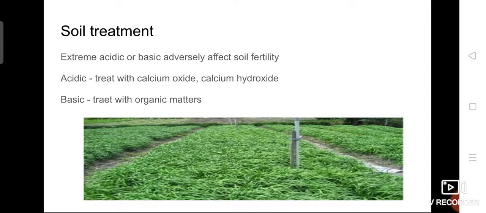To increase the crop productivity, the soil should not be too acidic or too basic. If it is too acidic, the soil will get affected and the crop productivity will be low. If it is too basic also, it will affect the soil fertility. So extreme acidic or basic conditions adversely affect soil fertility.